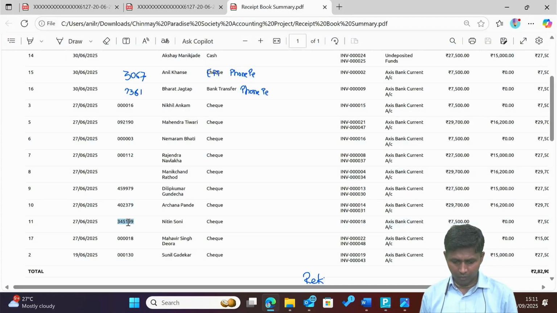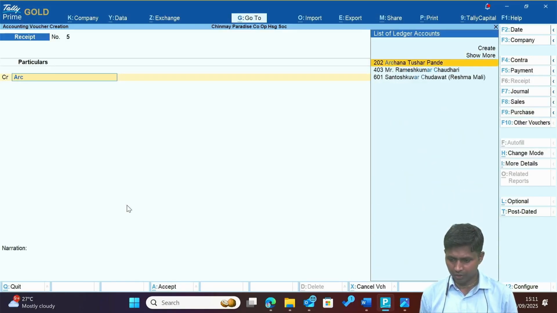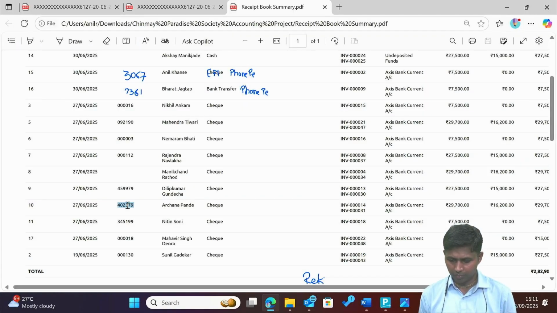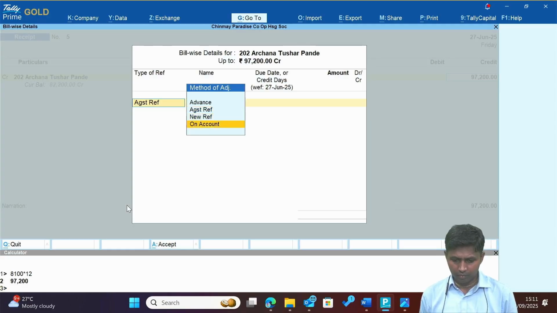Okay. Now after this we have the next party who paid full year's maintenance charges. Therefore receipt, let's say party Archana Pandey, amount, full year's maintenance, I think. She has given the flat on rent, 8,100. You can say Alt C, 8,100 into 12. Hmm, 8,100 is for a quarter.